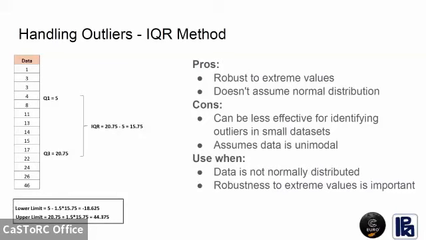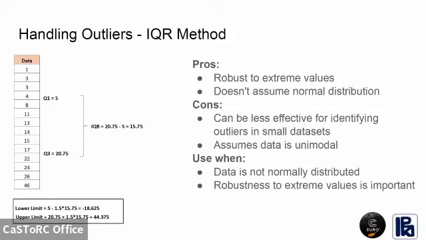It is also less effective at identifying outliers in very small data sets. Imagine if you have more data, maybe 46 is not an outlier. So if you have a very small data set, this is not a very effective way to find it. And it also assumes that your data is unimodal.